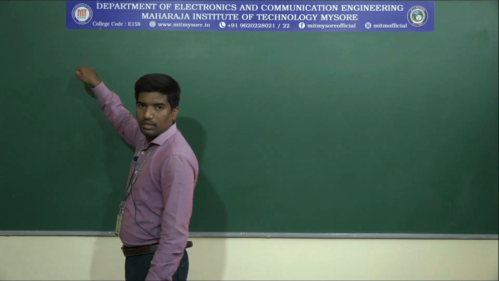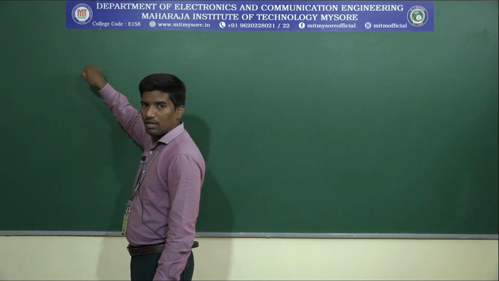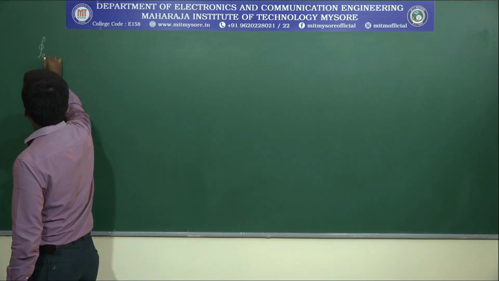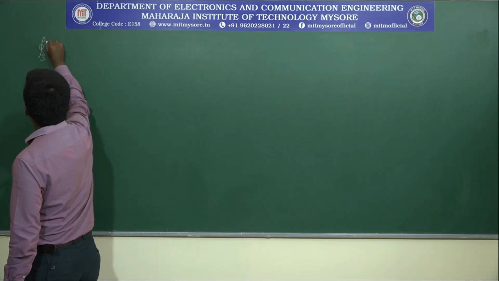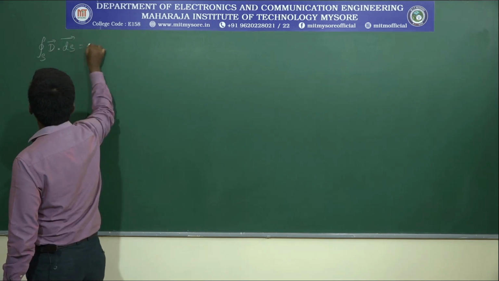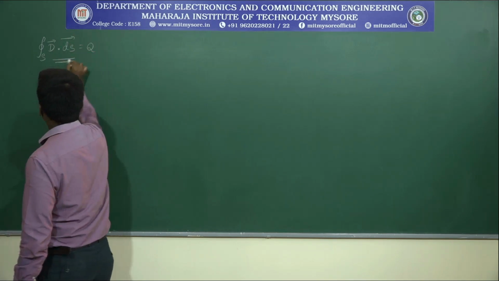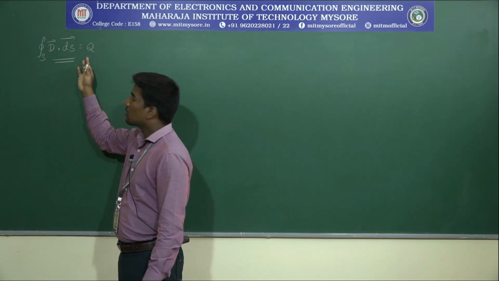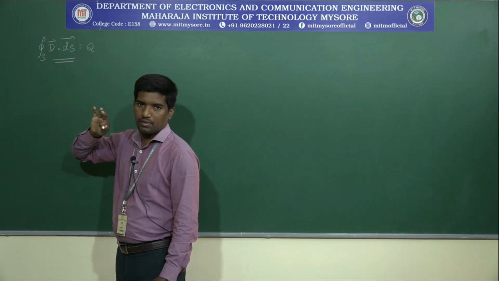Continuing with the derivation. So we have derived the mathematical model for Gauss law, that is surface integral of d dot ds is equal to q. This is what the derivation tells. Now we need to analyze this Gauss law for 3 different cases.